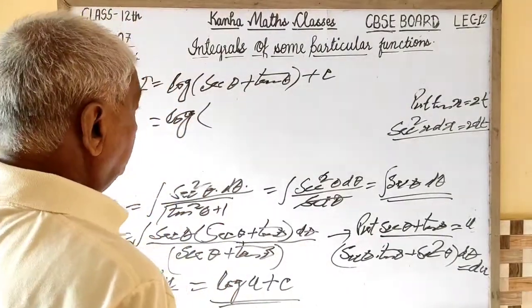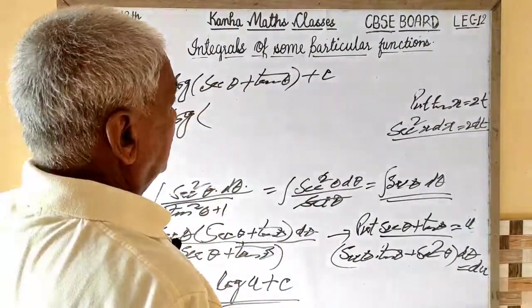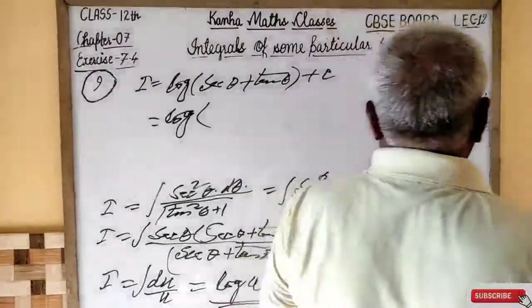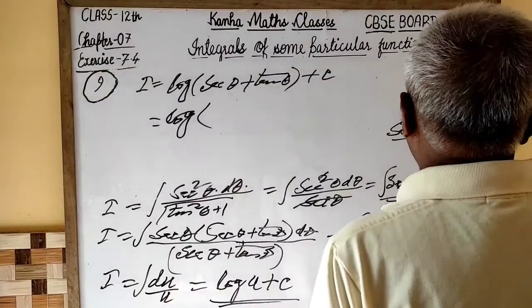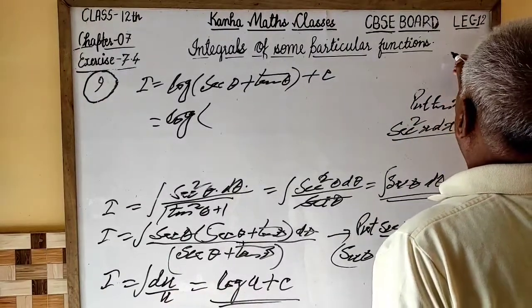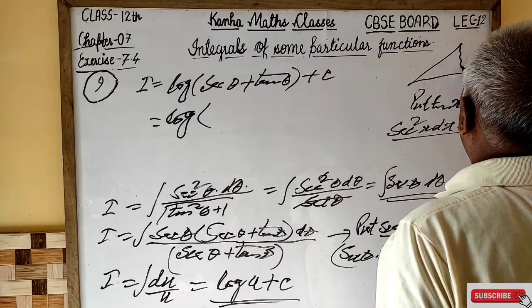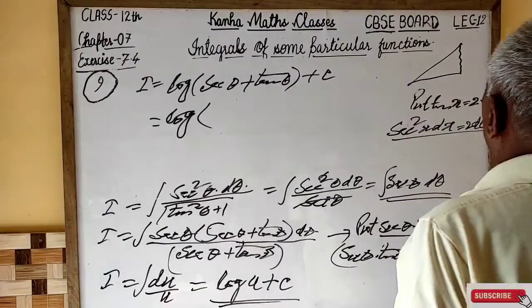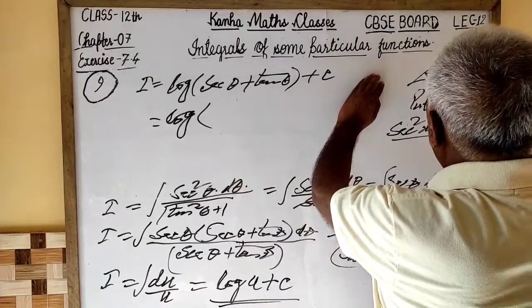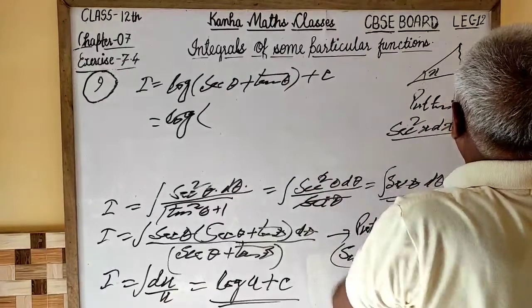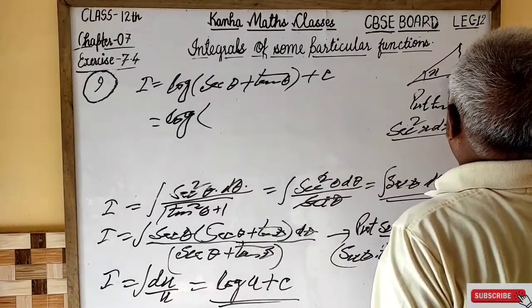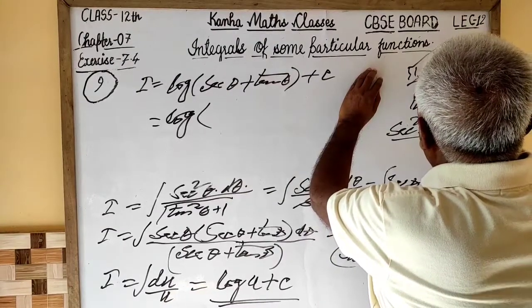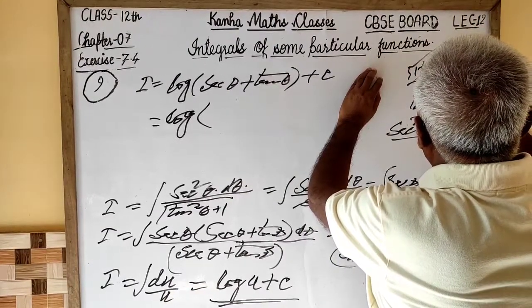Now sec theta plus tan theta: here we have observed the value of tan x as 2t. If you draw a trigonometrical figure here, tan x is equal to 2t, perpendicular upon base is 2t upon 1, and the hypotenuse will be under root 1 plus 4t square.